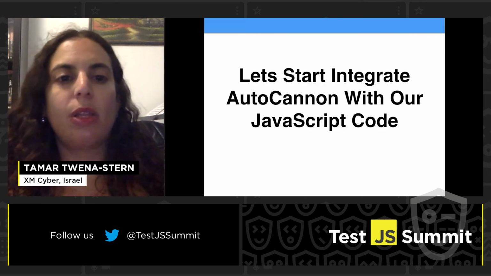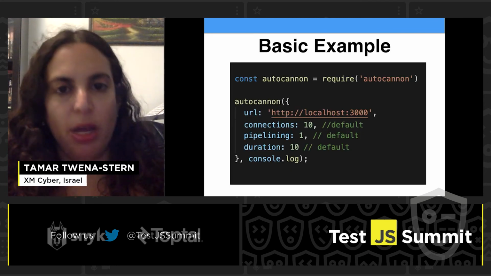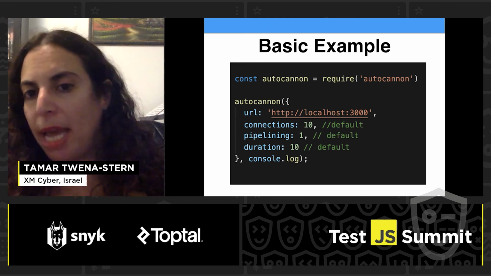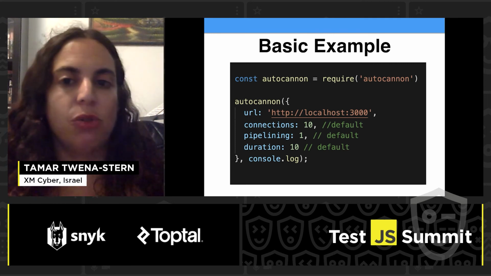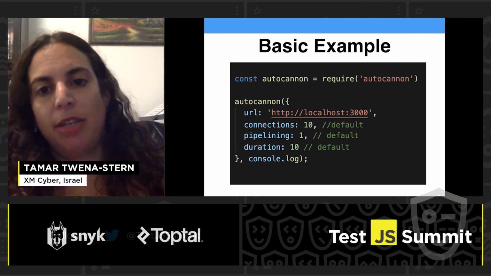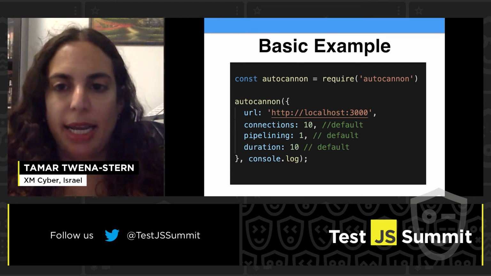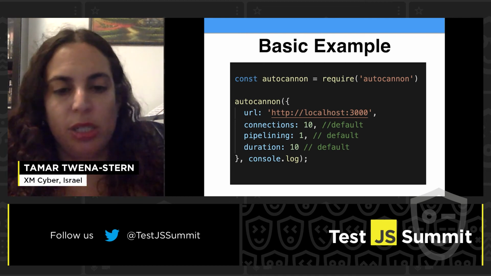All right, so let's start integrating Autocannon with our JavaScript code. First of all, the basic example. My main goal is to write cool testing tools that can help me test my application. So here is a basic example. We're getting an instance of Autocannon, and then we're just starting the run.